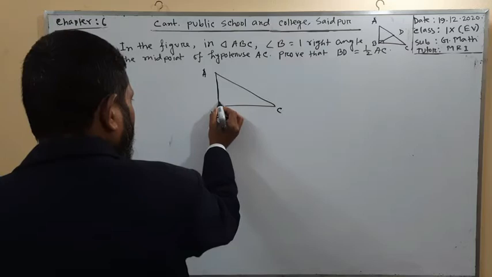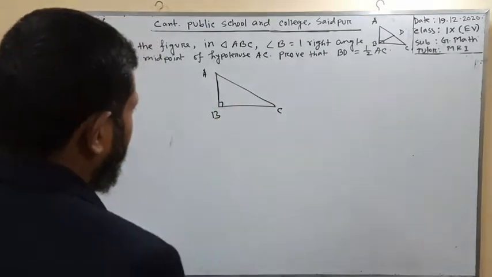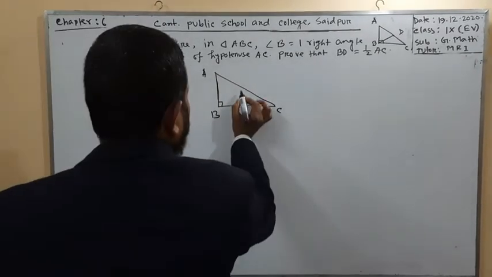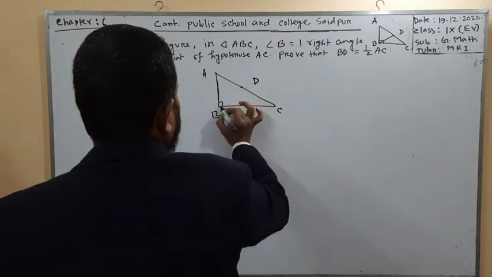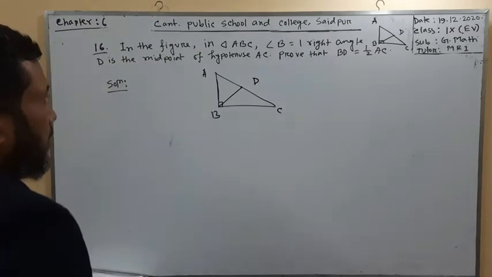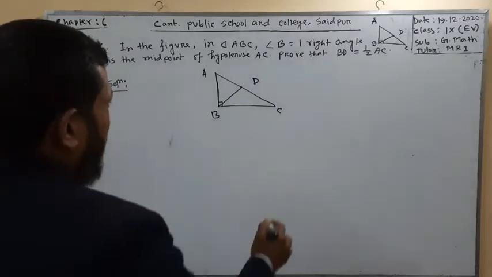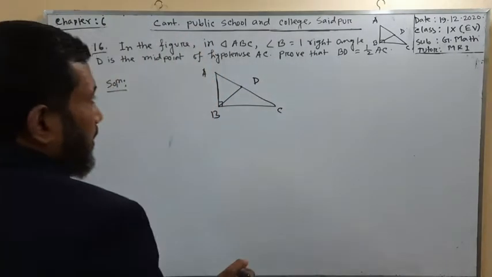The measure of angle B is equal to one right angle, that is 90 degrees. So here AC is the hypotenuse, D is the midpoint of AC. So the construction is needed because we have to prove here BD is equal to half AC.